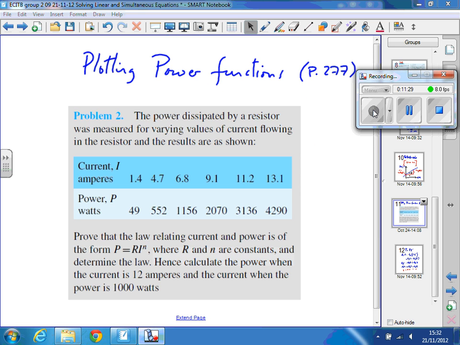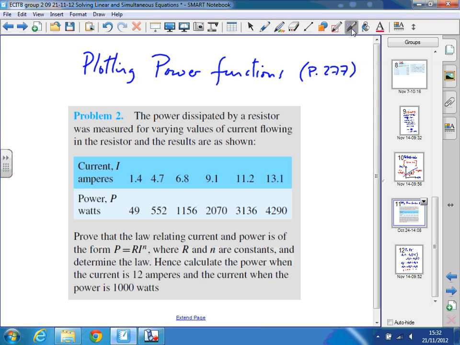Now going back to this, to here, prove that the law is of this form, p equals r i to the n. Now we can try and prove it by rearranging this function, p equals r i to the n, and this is a function that relates the power to the current. So we've got power against current in here.